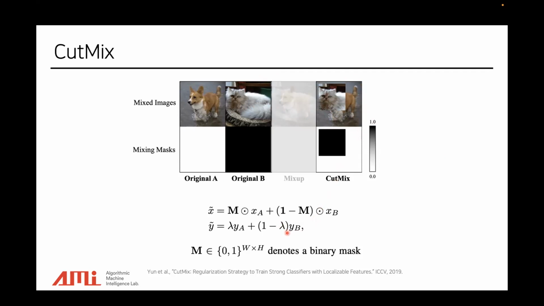This lambda parameter represents the ratio between the box region and the outside of the box region. CutMix is also used in detection and segmentation tasks, as well as classification tasks.